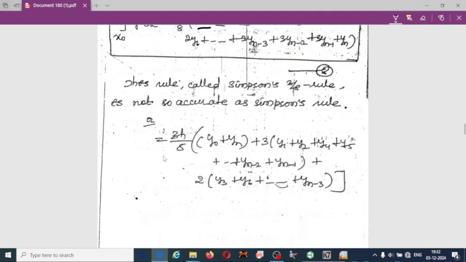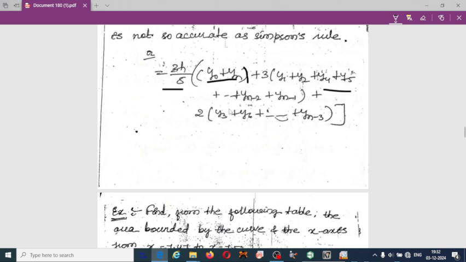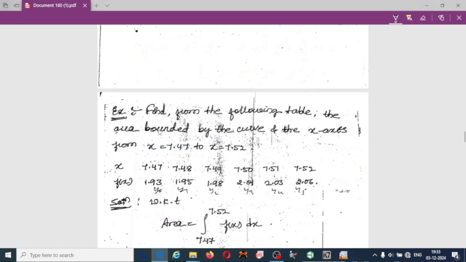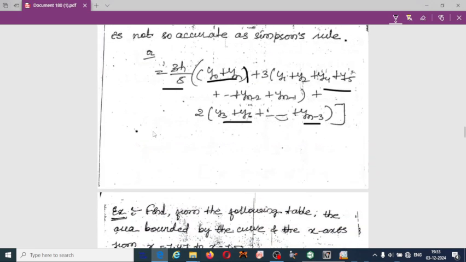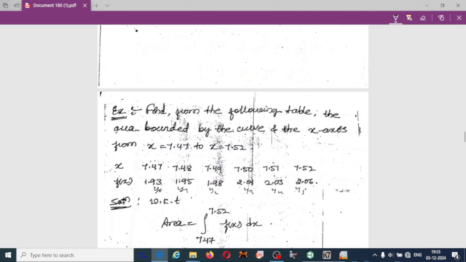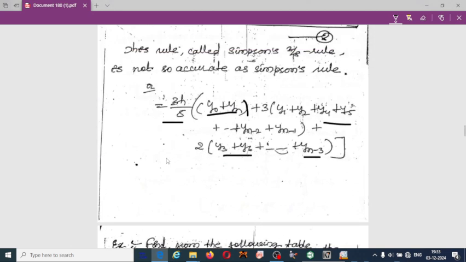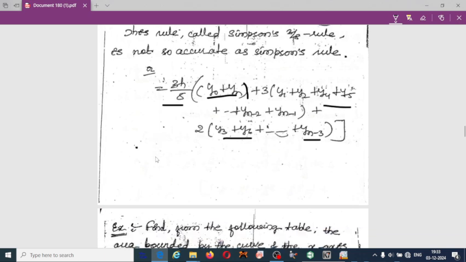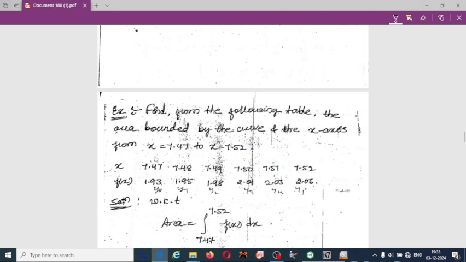So here is the final equation for Simpson's 3h by 8 rule: y0 plus yn inside the bracket, plus 3 into (y1 plus y2 plus y4 plus y5), and then in the second bracket you should multiply by 2 (y3 plus y6 plus up to yn minus 3). So you should keep these formulas in mind and practice them, so that in the exam you are able to solve the given question directly.